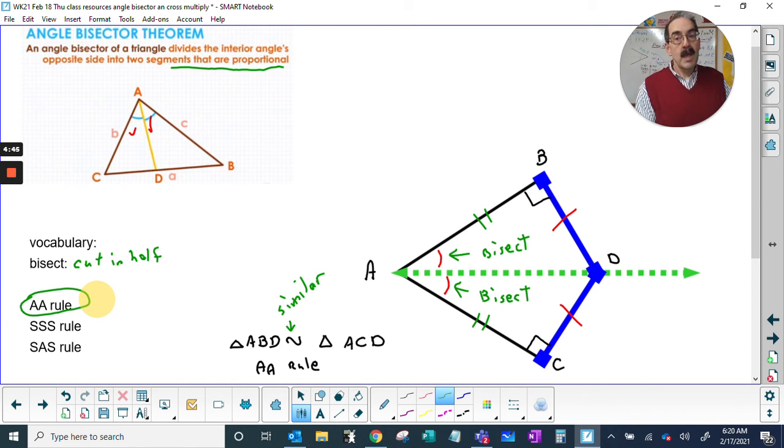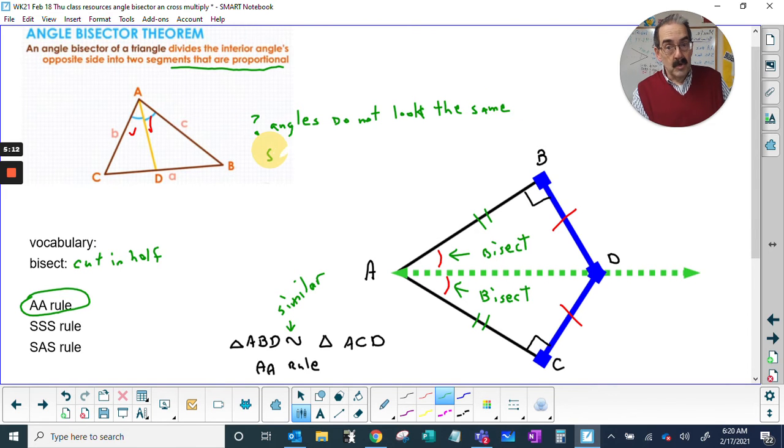Now, when we go back here in the real world, you see how these angles don't look the same? The angles do not look the same. Okay, the angles don't look the same. So the angle bisector theorem.